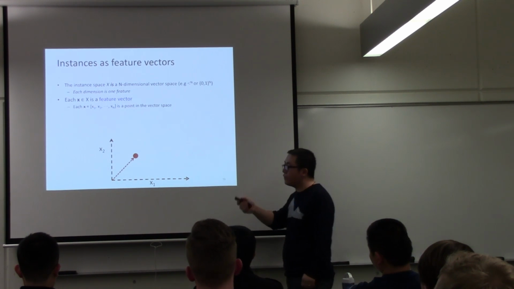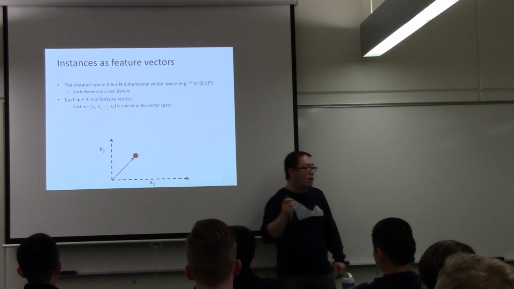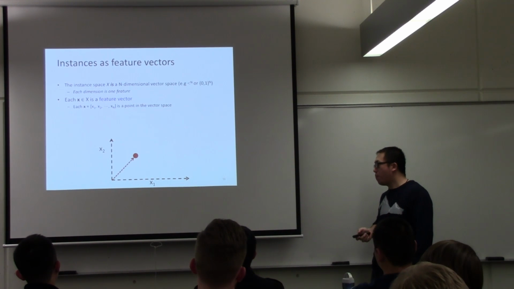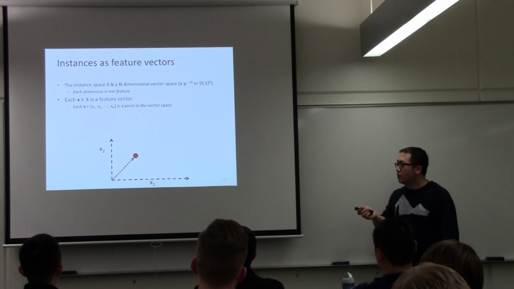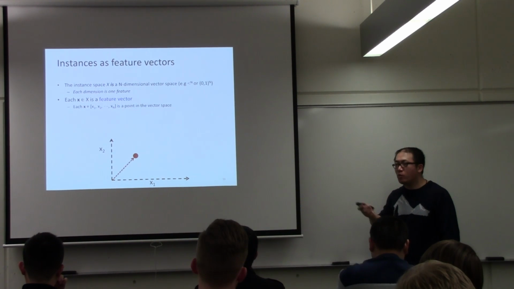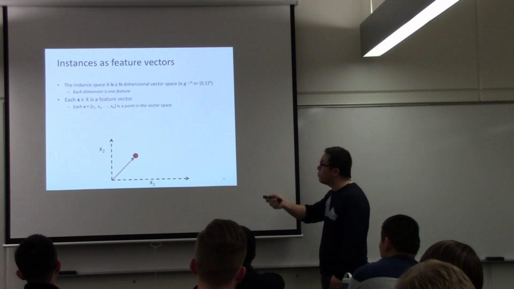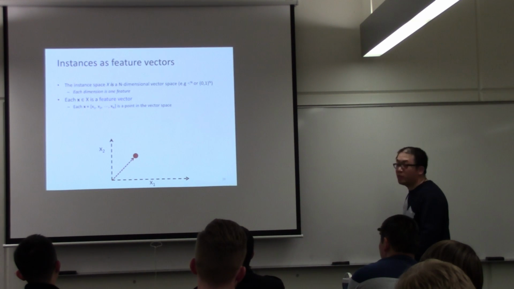So this geometric view is very important for us to understand some classical supervised learning classifiers I will mention later, like the support vector machine. So just keep in mind this geometrical interpretation.